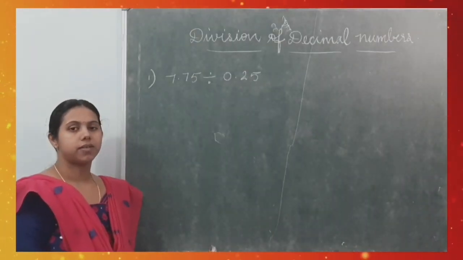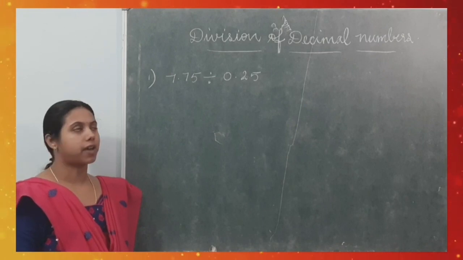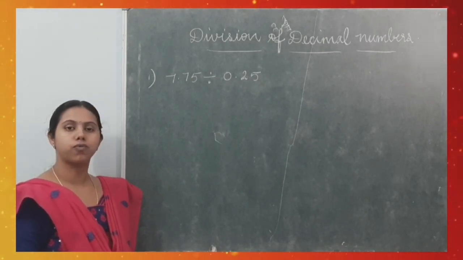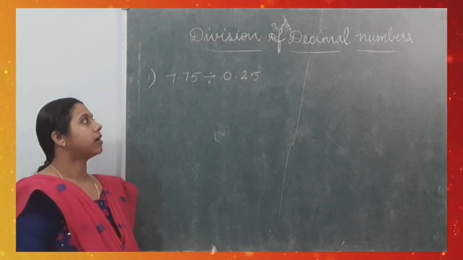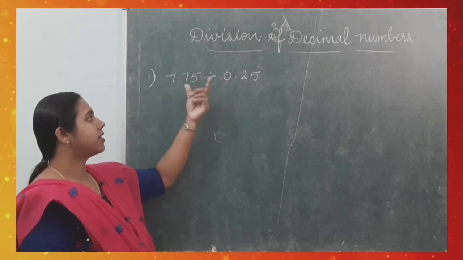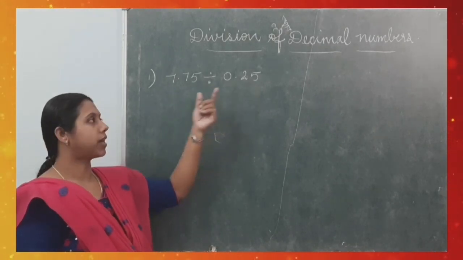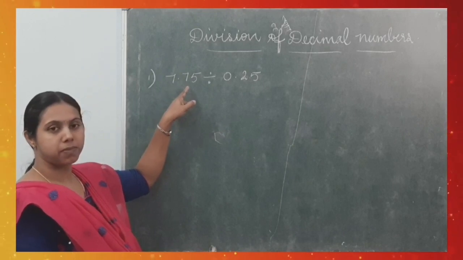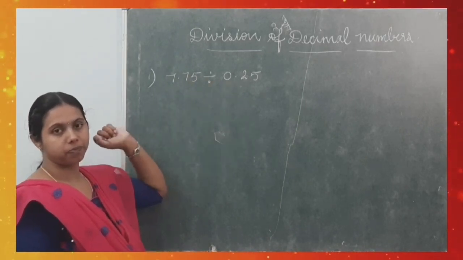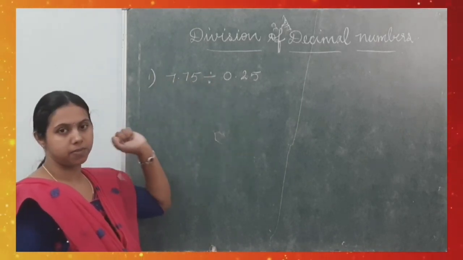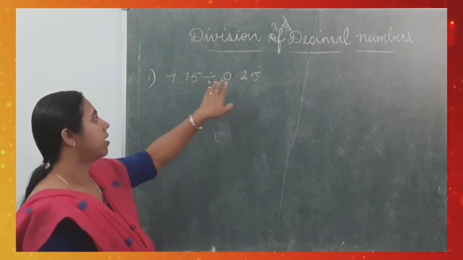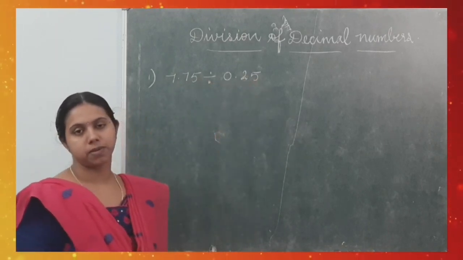Next question. 7.75 divided by 0.25. Here a decimal number is divided by another decimal number. You can see there are two decimal places in each decimal number. Here 2 decimal places and here also 2 decimal places.